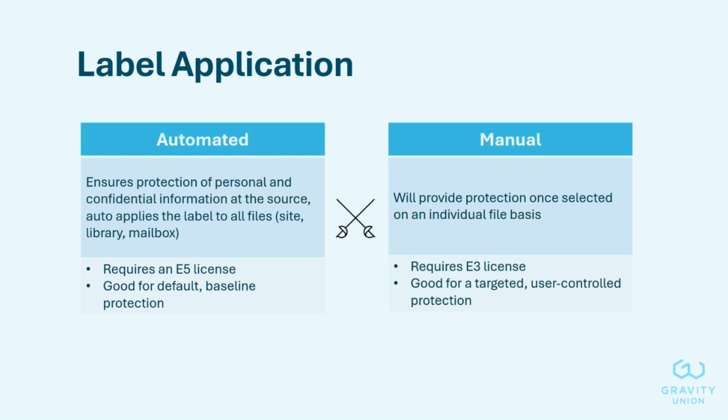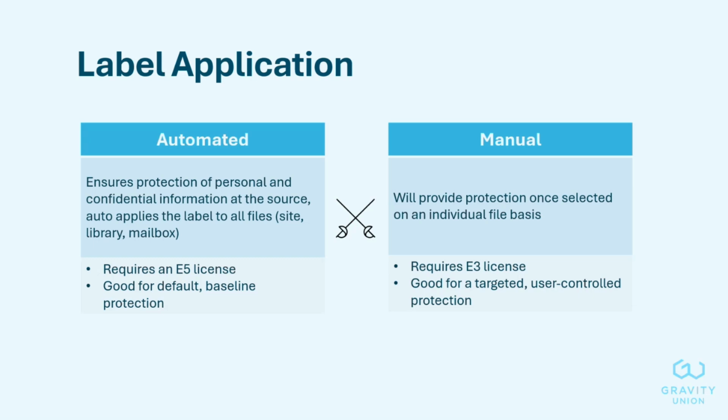As well, I want to highlight again, a brief call out to what is and isn't available on the different licenses. There are two main methods that sensitivity labels can be applied. The first is, of course, automated. This will allow you to configure a policy to apply either container or item level sensitivity labels automatically when they satisfy certain requirements.